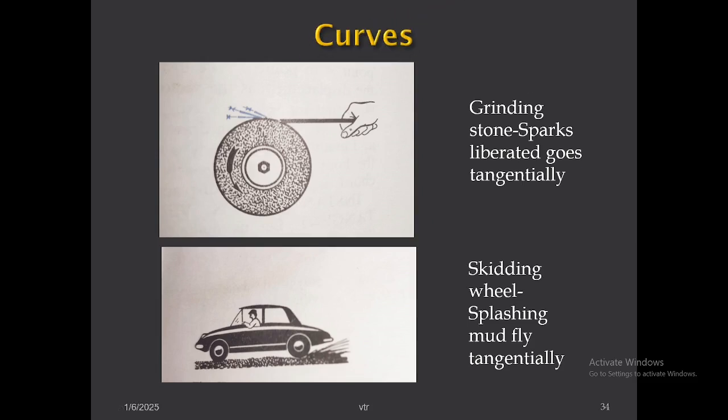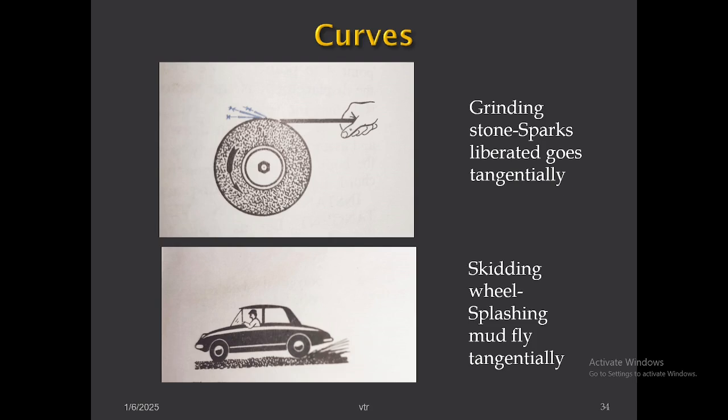Further to make it clear, any body moving on a circular path will try to go tangentially. That means the velocity will always be in the tangential direction. For example, suppose we are sharpening our knives on a grinding stone.